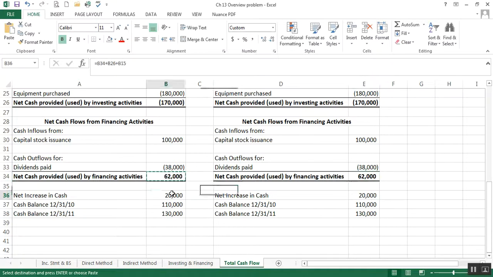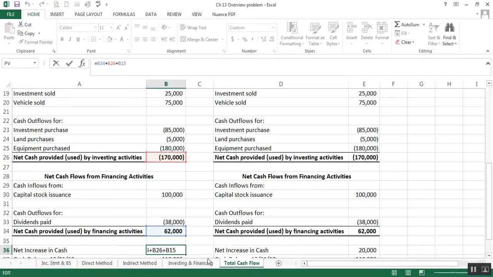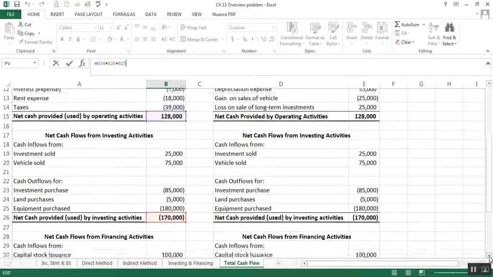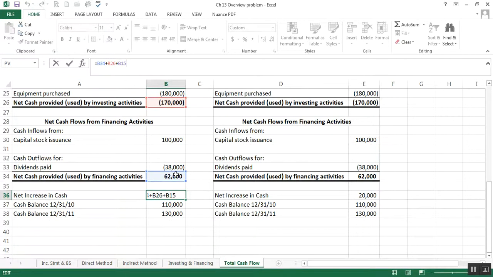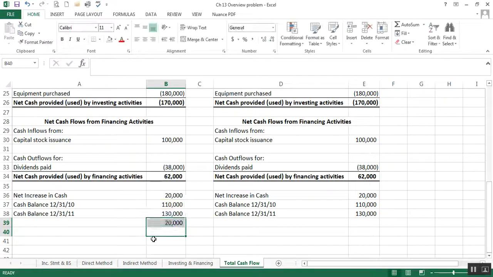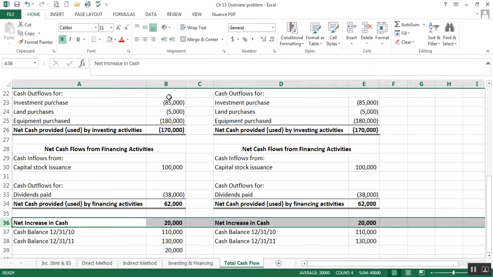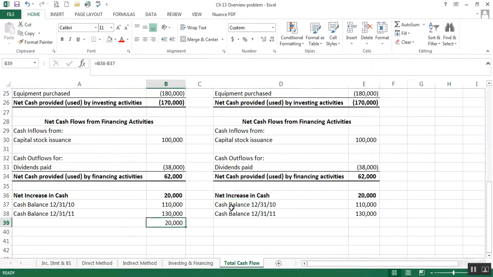So our net increase in cash is going to be the addition of our cash provided by operating activities, cash used for investing activities, and cash provided by financing activities. So you'll see here that our cash balance was 110 and it went up to 130, which is a change of 20,000, which equals the change that I calculated under those three activities. And it's going to be the same under both.